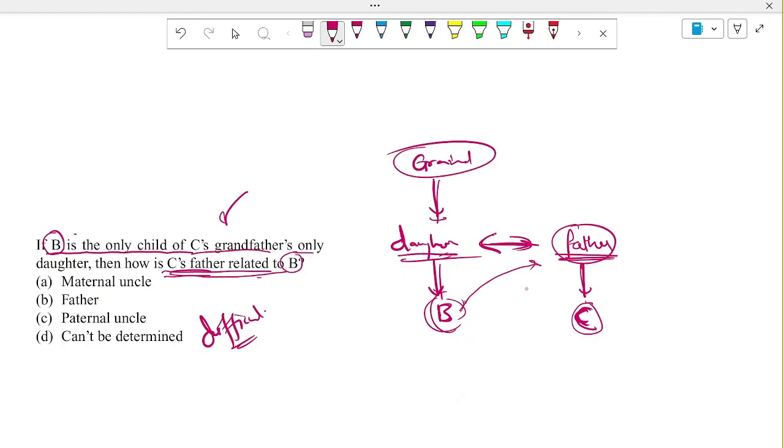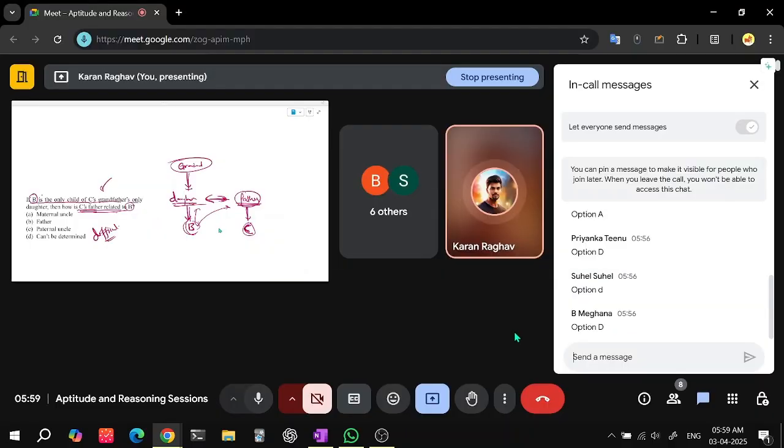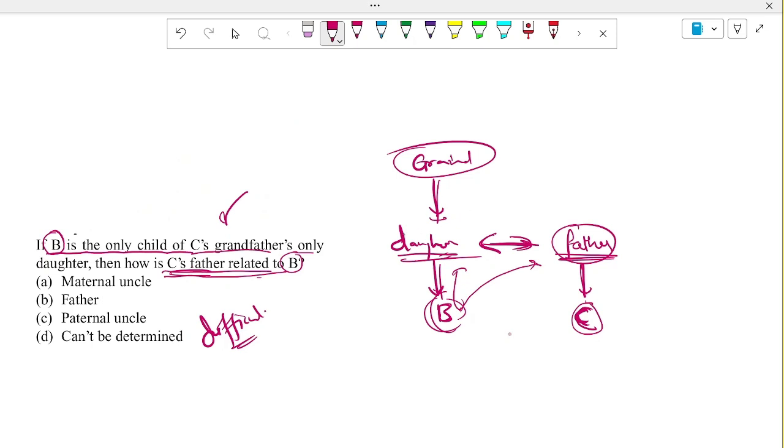He is actually mother's brother. Mother's brother is called as what? Who is mother's brother? Option A. Okay, you should know mother's brother is called as maternal uncle.